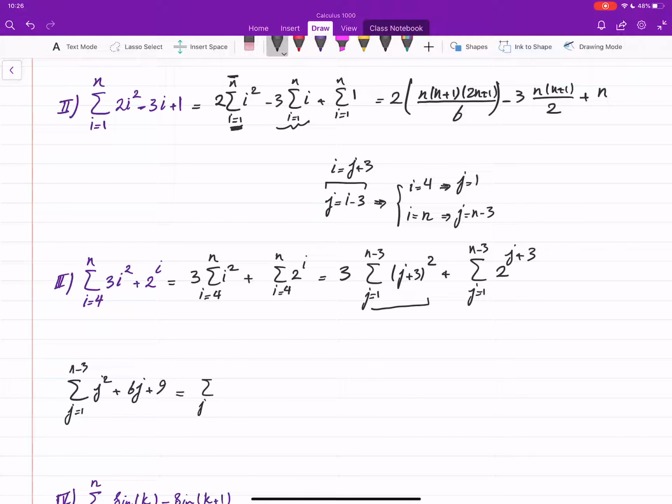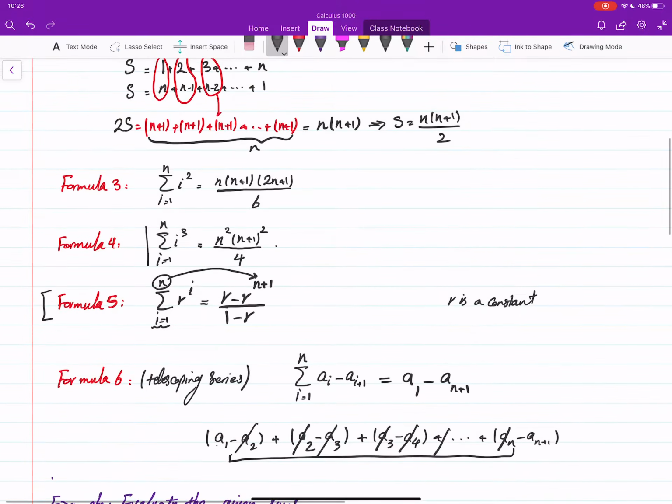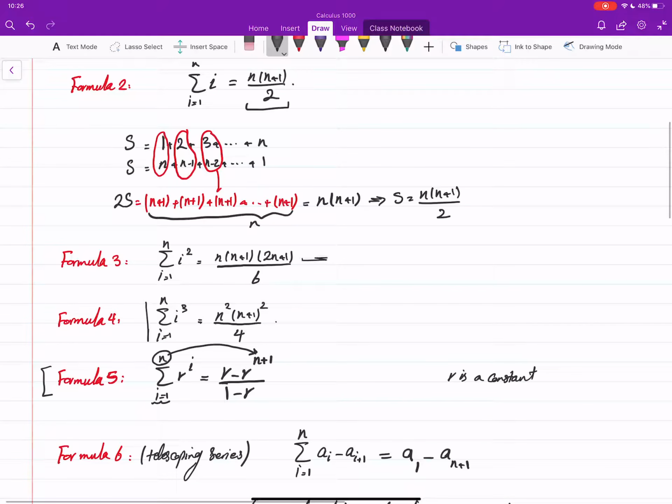So this will be the sum of j squared, j going from 1 to n minus 3, plus 6 times the sum of j, j going from 1 to n minus 3, plus the sum of 9, j going from 1 to n minus 3. And then, you see, now I have sums of squares of integers going from 1 to n minus 3, not n. It means that in these formulas, wherever you see n, you have to plug in n minus 3.